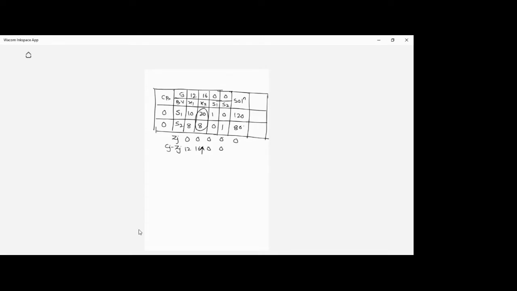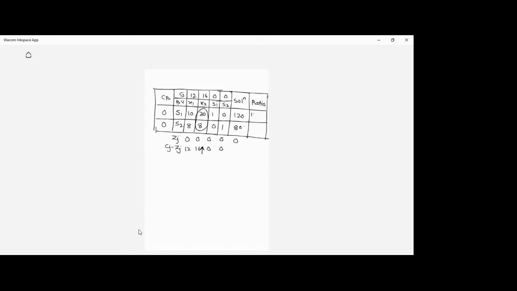Now amongst S1 and S2, we have to select which of the variables is going to be replaced, and at that place we are going to add our variable x2. We decide that with the help of a new column called ratio. It is the ratio of the solution divided by the coefficient of the key column.